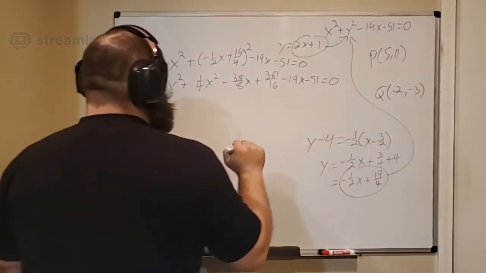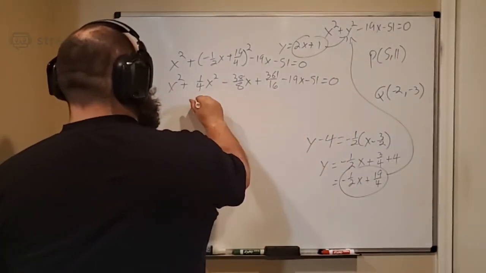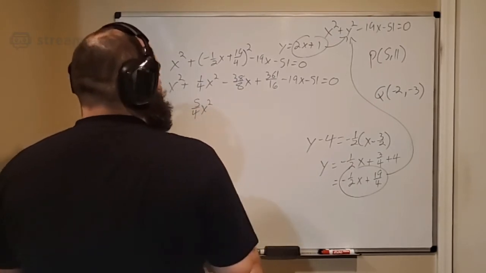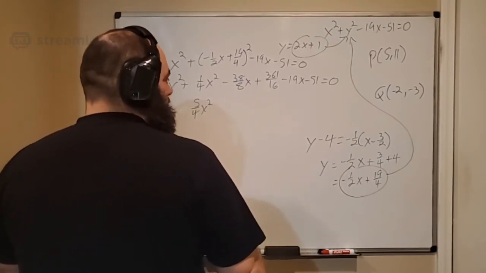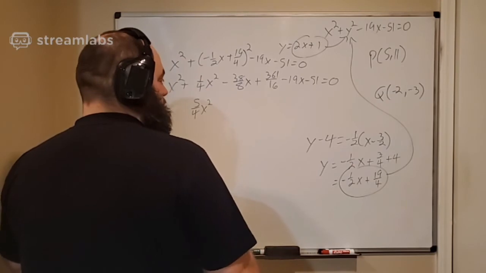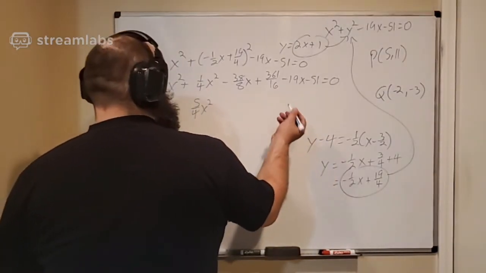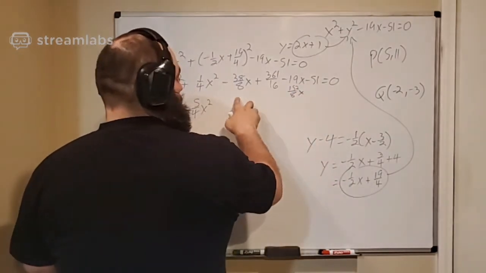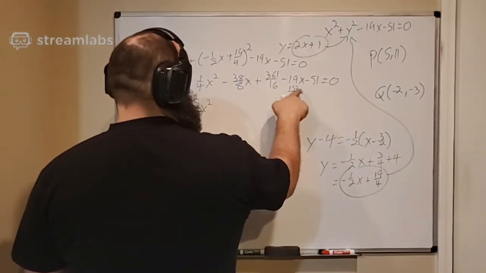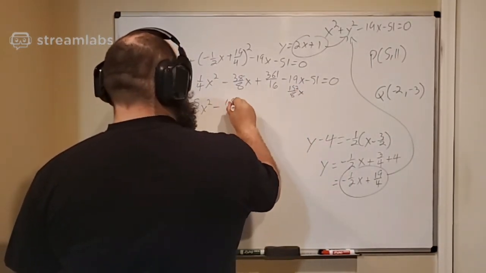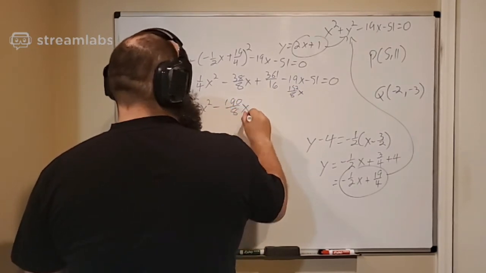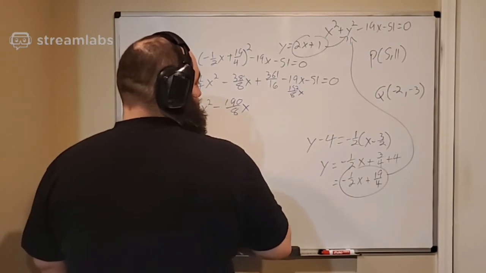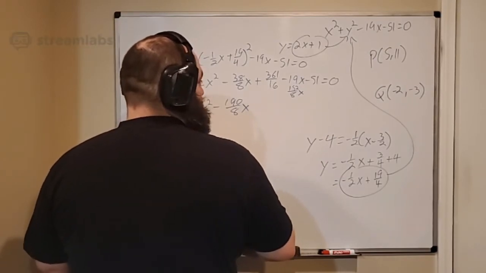So here I get 5/4 x squared. What's 19 times 8? 152. What's 51 times 16? 816.